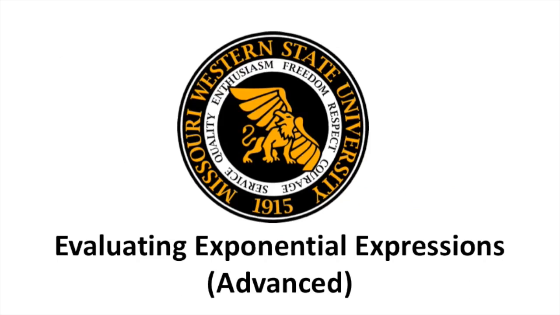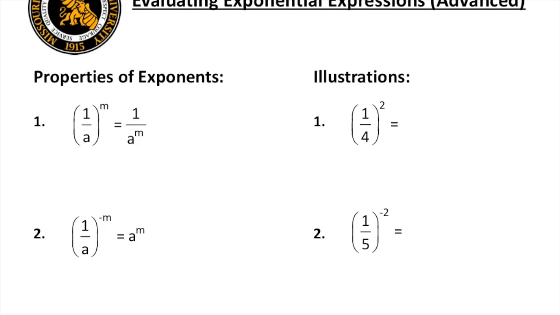Evaluating exponential expressions, advanced. We begin this video with two additional properties of exponents. The first property tells us that if we have 1 over a raised to a power m, that can be simplified as 1 over a to the m.